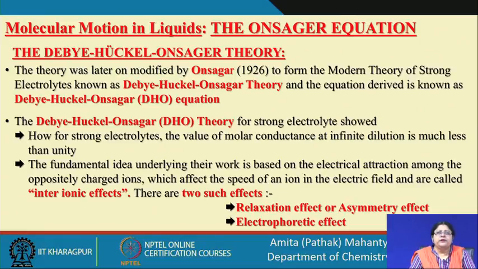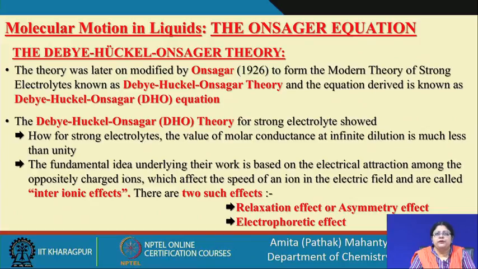The Debye-Huckel-Onsager theory for a strong electrolyte shows that the value of molar conductivity at infinite dilution is much less than unity. The fundamental idea underlying this work is the electrostatic attraction among the oppositely charged ions, which affects the speed of the ions when placed under an electric field, and this is known as the interionic effects.